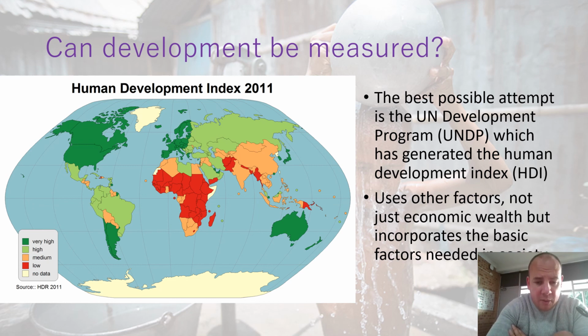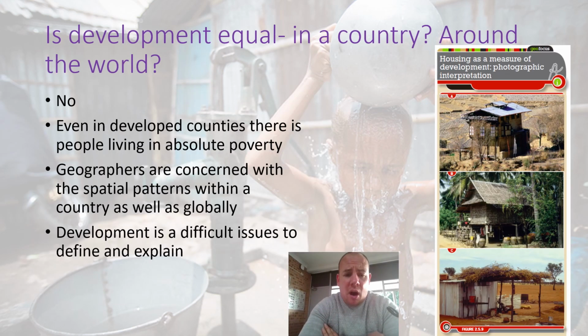We can, however, see that no matter what development indicators we use, there are some places in Central Africa and parts of Asia that have low development indicators, and they're the places where we need to help out the most. So overall, is development equal in a country? We're looking at spatial patterns, spatial variations.